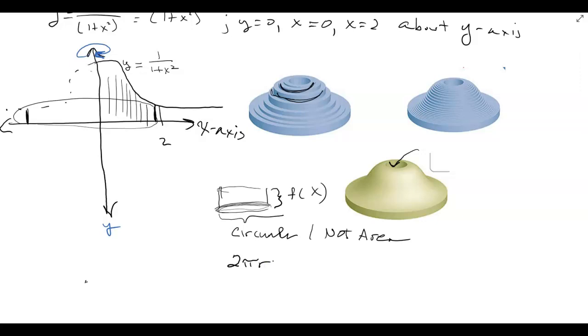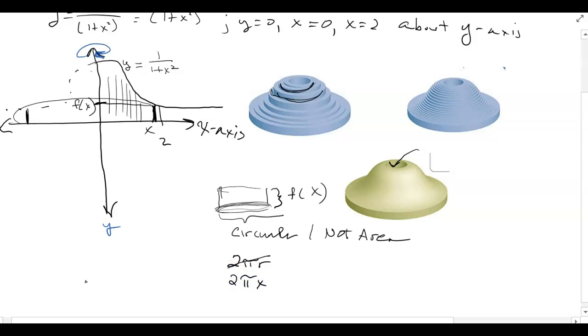But what is r? For each of these shells, if this is your f of x, that is your x value. So your circumference becomes 2 pi x.